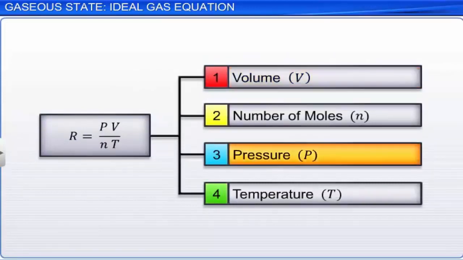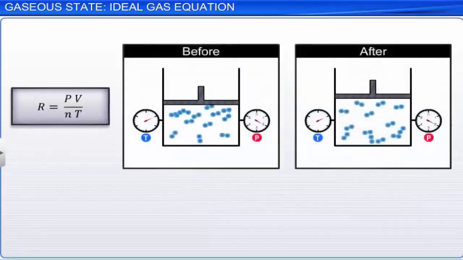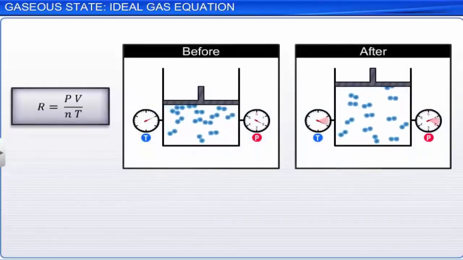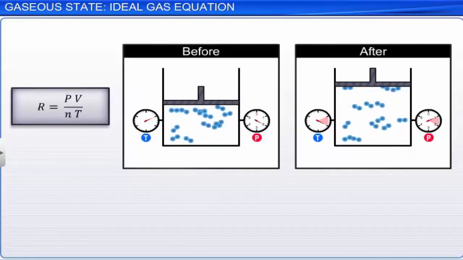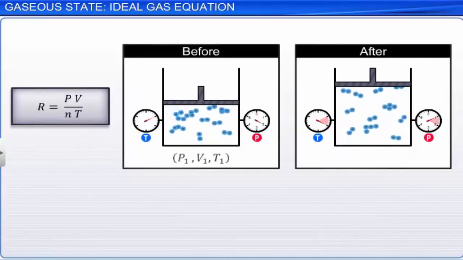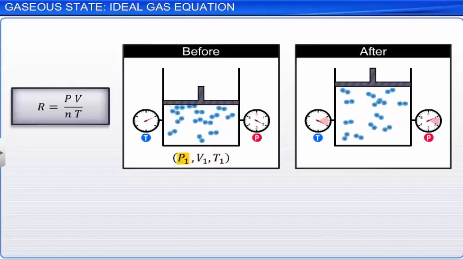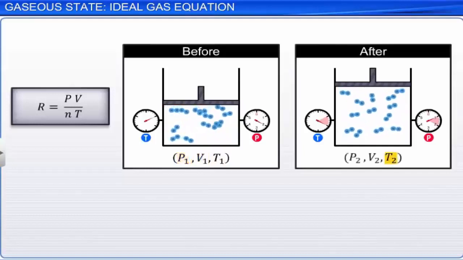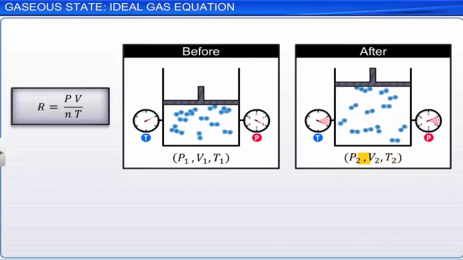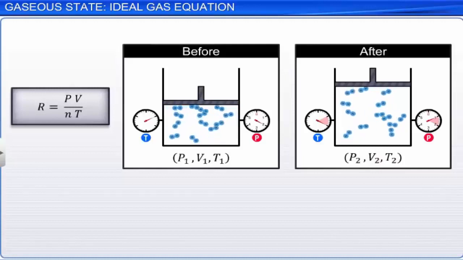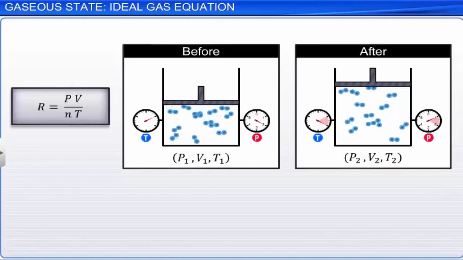If we vary temperature, volume and pressure of fixed amount of gas, that is, keeping the number of moles N of the gas constant from T1, V1 and P1 to T2, P2 and V2, then using ideal gas equation, we can write P1V1 by T1 is equal to NR and P2V2 by T2 is equal to NR.